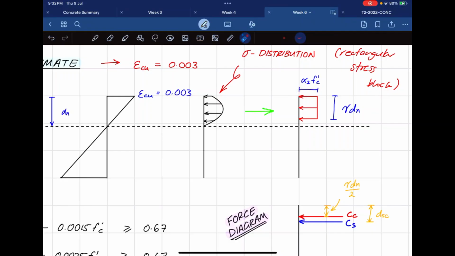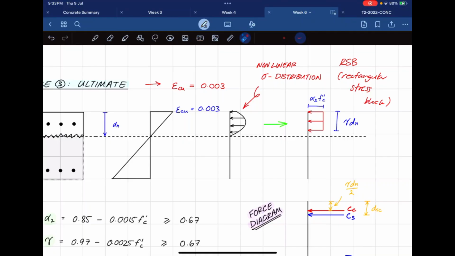Then we take dn and reduce it by multiplying by gamma. So you can see that the stress distribution doesn't go all the way to the neutral axis. It ends a bit early. But the amount of force acting through this rectangular stress block is equivalent to what's acting through this nonlinear distribution, right? So you don't need this, you need this, okay?